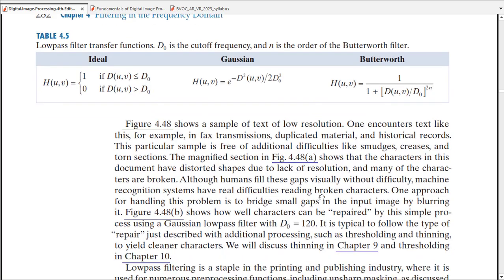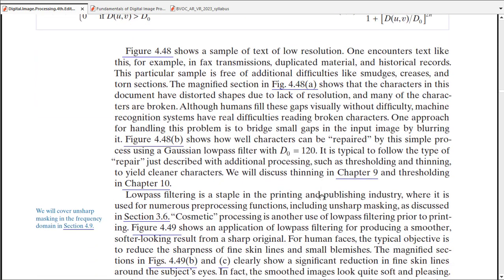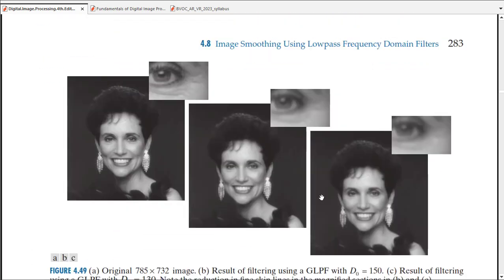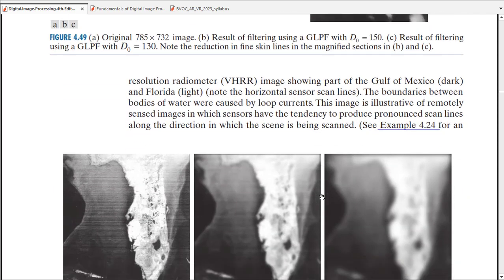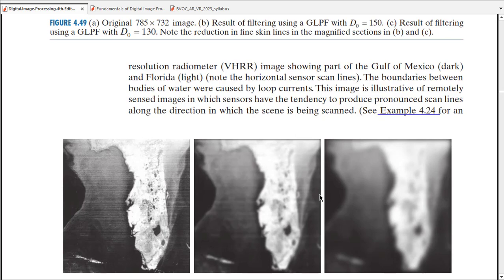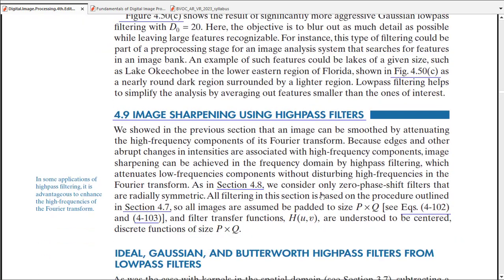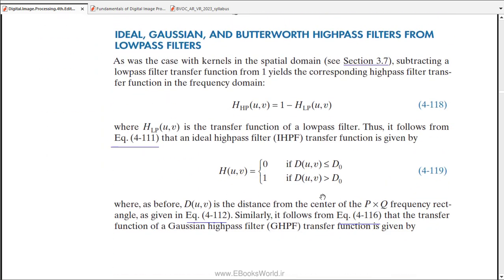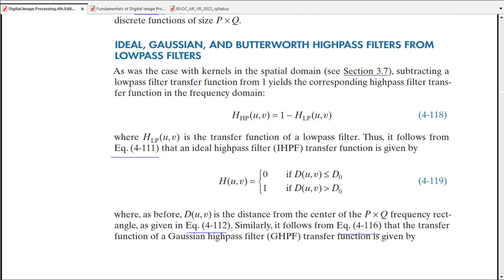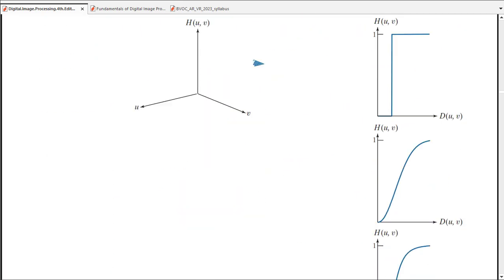Another example for low pass: the ideal, Gaussian and Butterworth. Another one is image sharpening using high pass filters, the same ideal, Gaussian and Butterworth filters.